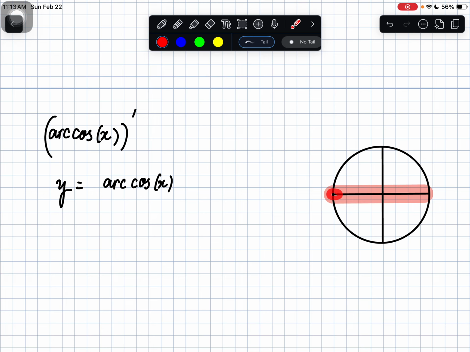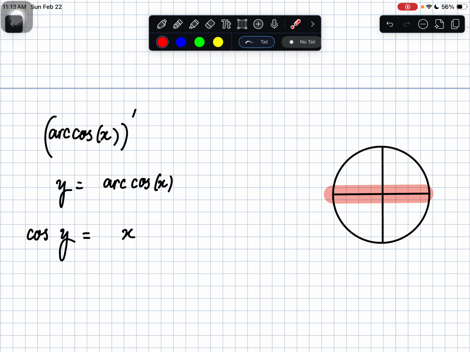We know that cosine of an angle is between -1 and 1. y equals arc cosine, so y is an angle, so cosine of y is equal to x. Arc cosine and cosine are inverses of each other.